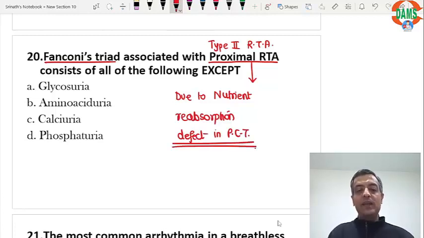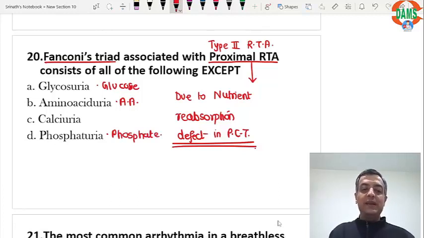The PCT normally absorbs glucose, amino acids and phosphate. Now they are all lost in the urine: glycosuria, aminoaciduria and phosphaturia, except for calciuria.